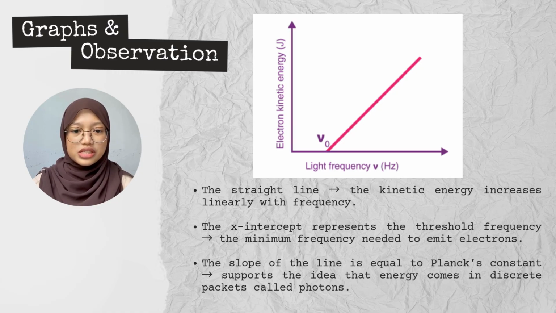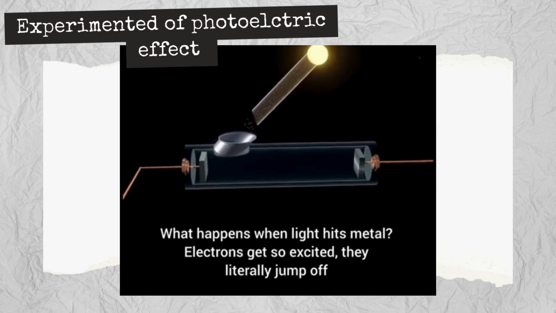These observations confirm that the kinetic energy of electrons depends on the light frequency, not the intensity, exactly as predicted by Einstein's photon theory.